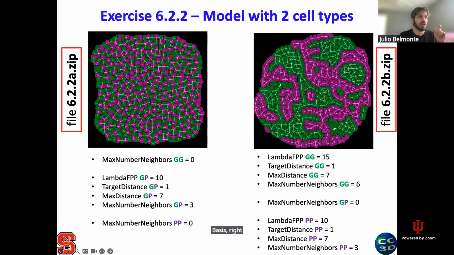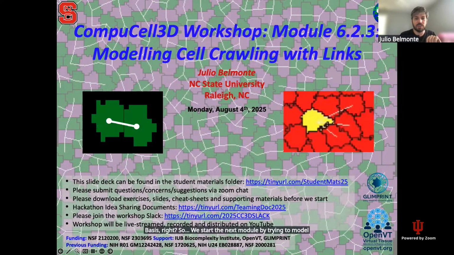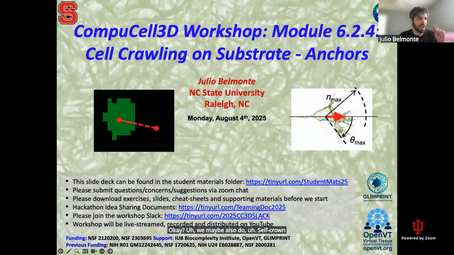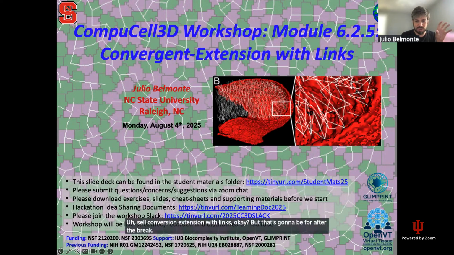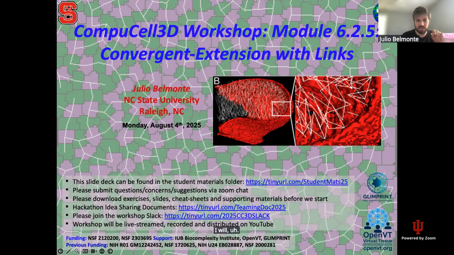We start the next module by trying to model cell crawling. We may also do cell crawling with anchors, and if you have time, you can even try to do convergent extension with links. But that's going to be after the break. I will just give you a sneak peek for you to stay along.